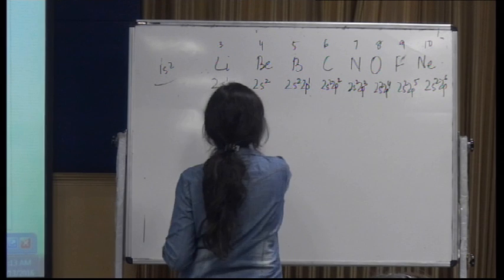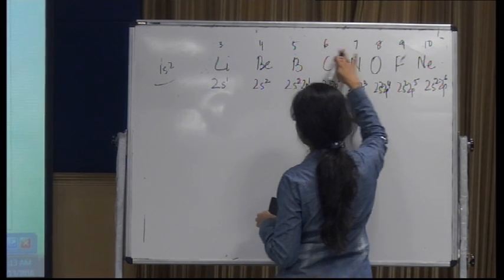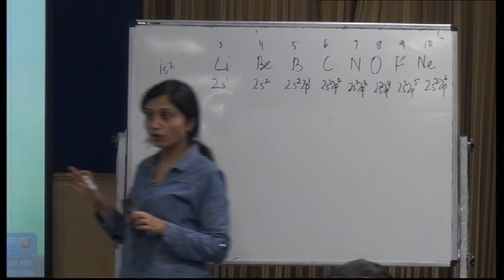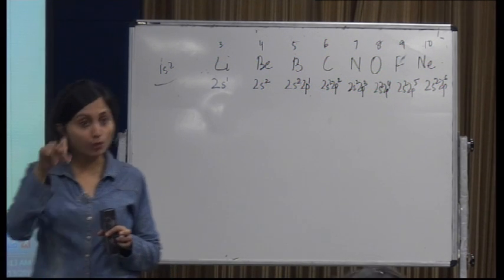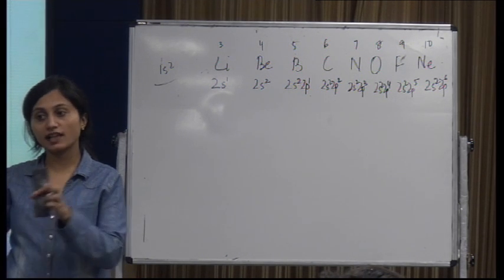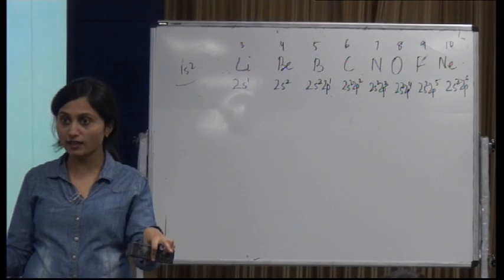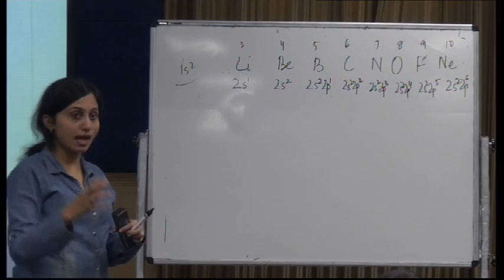Now in all these cases, I see that the number of electrons are increasing. If the number of electrons are increasing, the number of protons are also increasing. तो न्यूक्लियस का पॉजिटिव चार्ज, अगर इलेक्ट्रॉनिक चार्ज इज -3, तो न्यूक्लियस पे चार्ज कितना है? +3. Now in this case what happens?